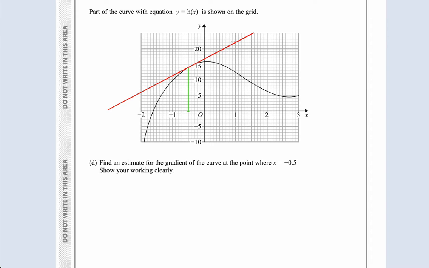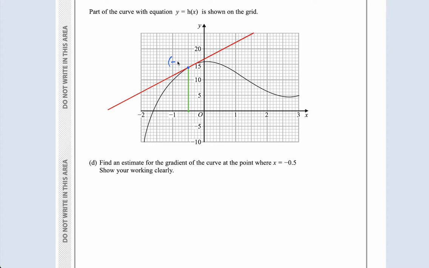And then we need to calculate the gradient of this line. Now, how do I find the gradient of a line? Well, I could get 2 points. Why don't we do that? I'll get 2 points. So the first point is this one. Let's just pick this point. This point is minus 0.5, 14.